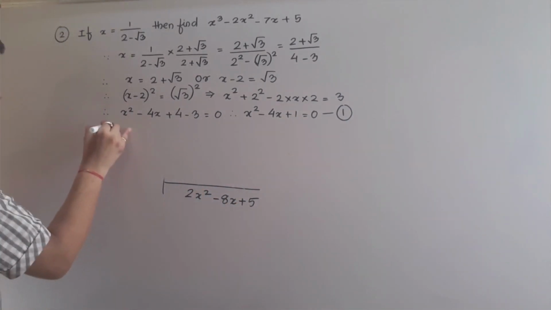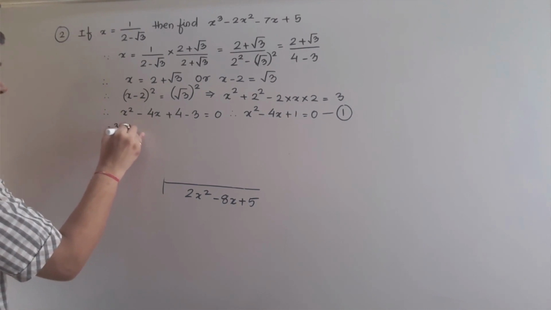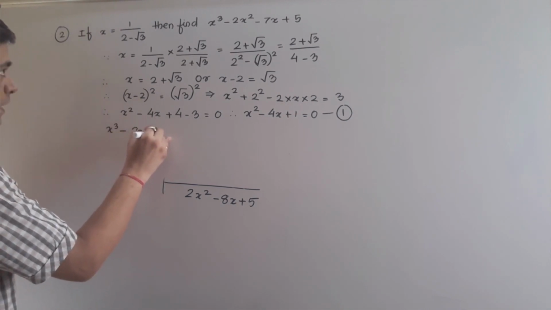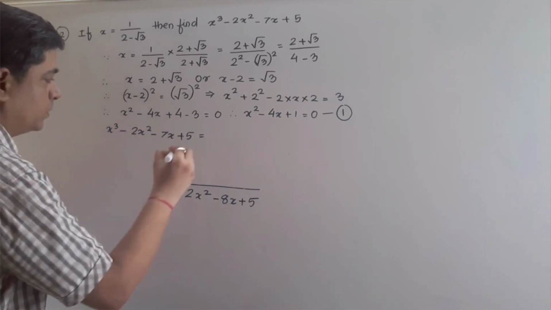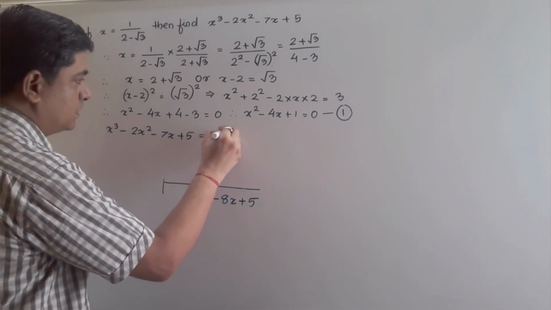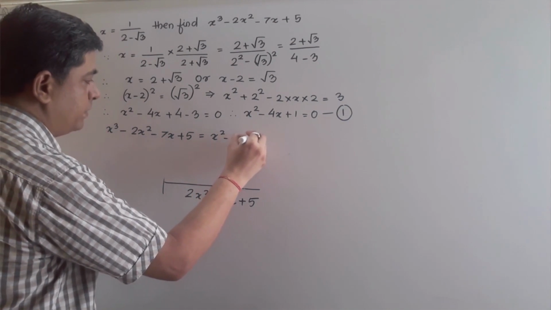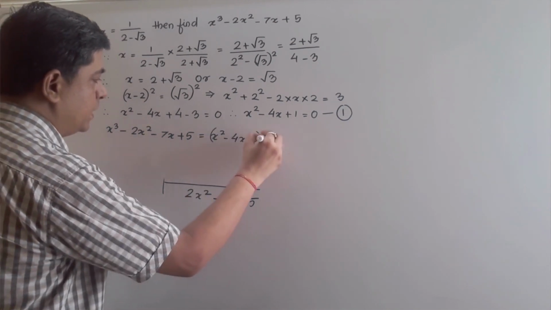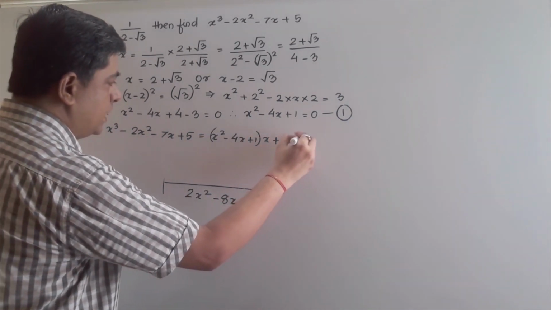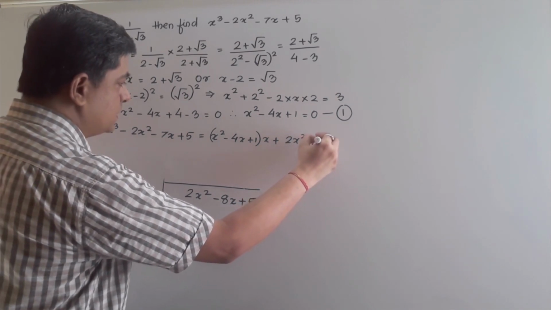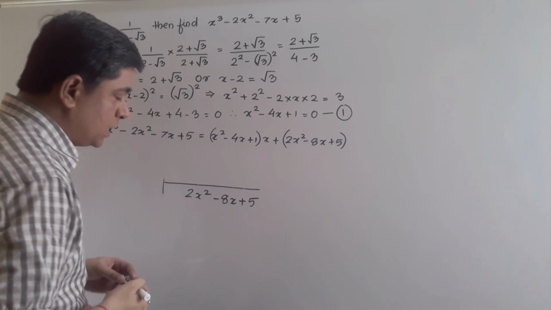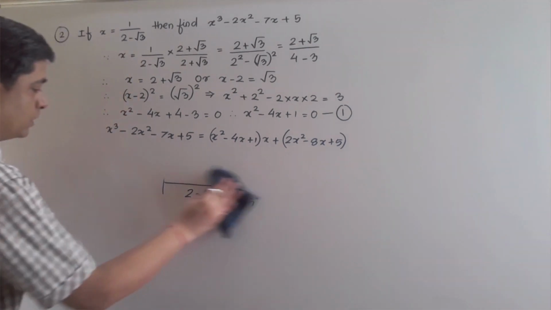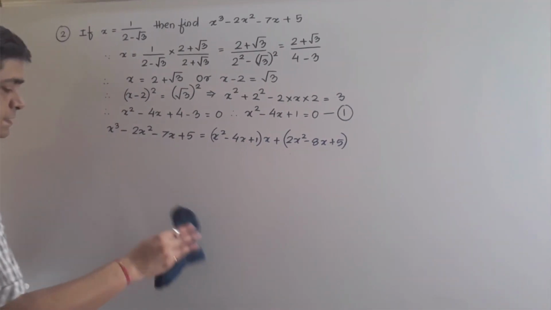So I can say that x cube minus 2x square minus 7x plus 5 will be equal to (x square minus 4x plus 1) into x plus 2x square minus 8x plus 5. Right? How have I written this particular equation? Can you guess?